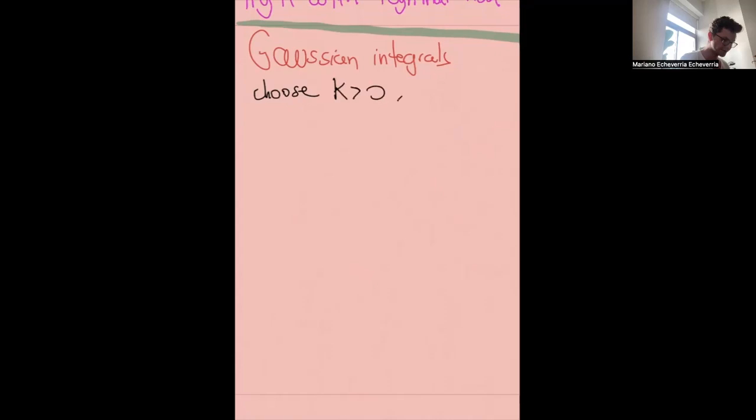And we're going to start with the same thing as before. This f tilde of x, which is going to be e to the minus x squared over 2k.